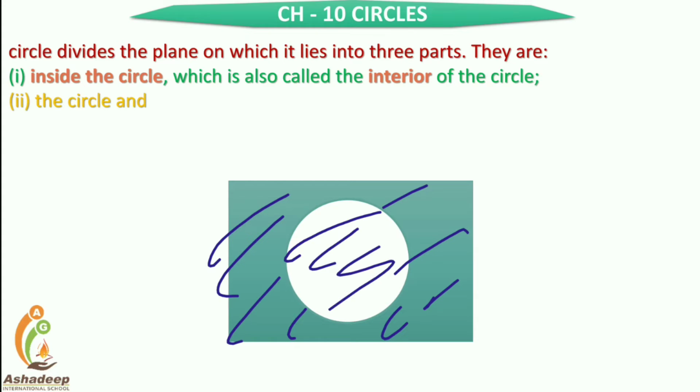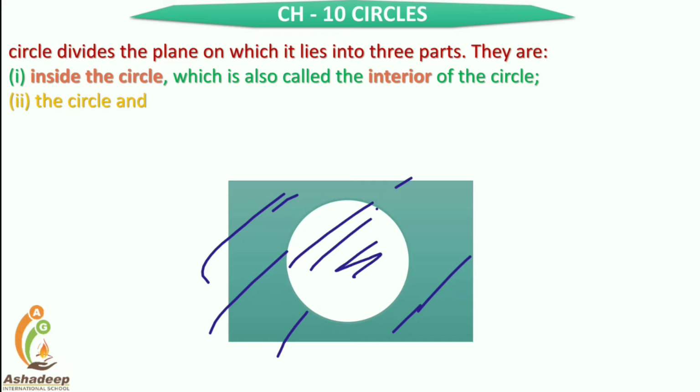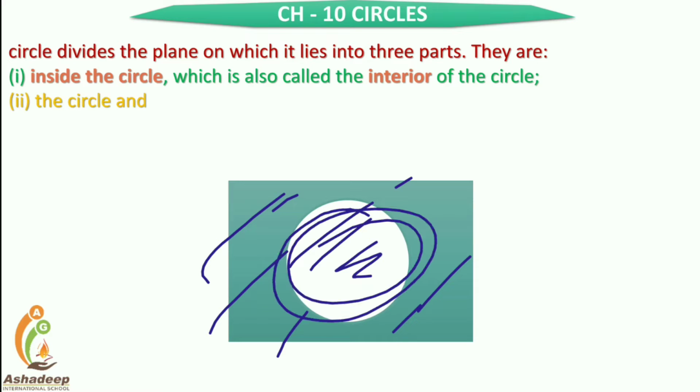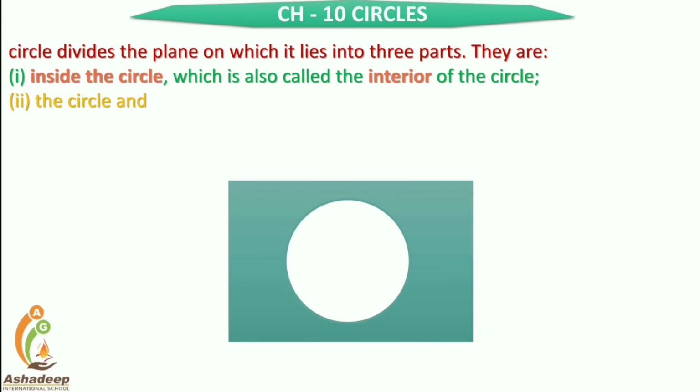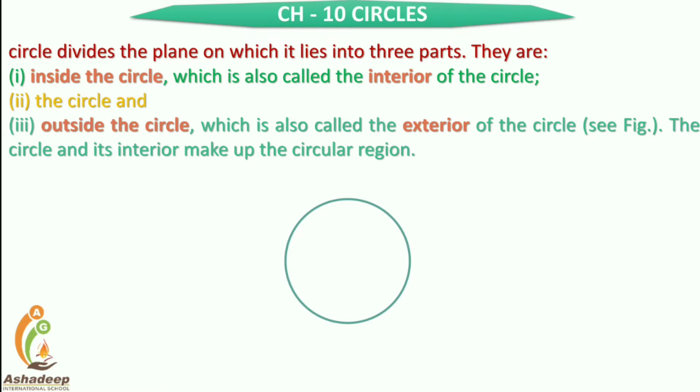Right, this is the internal part of the circle and the circle itself. Once again, external part of the circle, internal part of the circle and the circle itself.